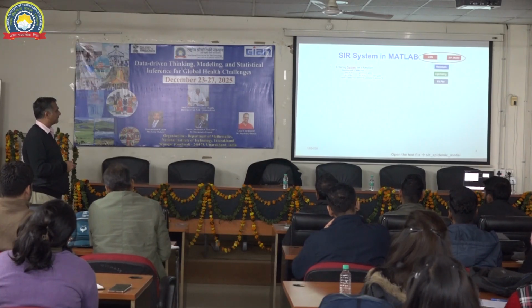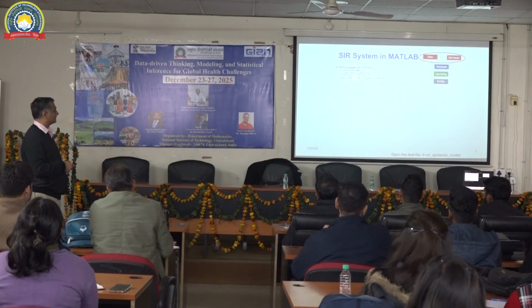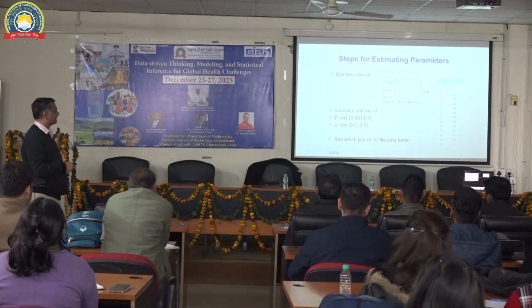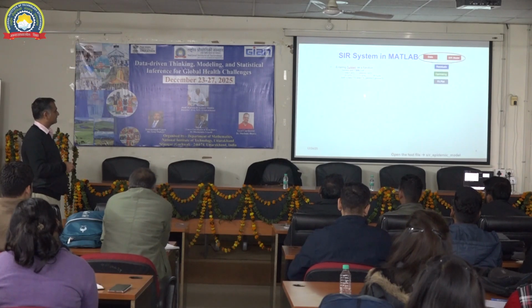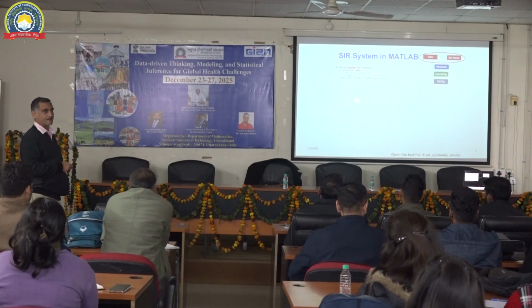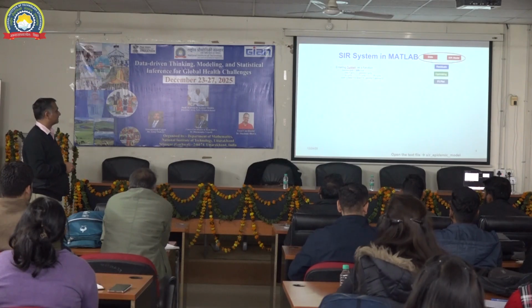Beta and gamma are parameters, and S, I, and R are the compartments. These are the three equations: minus beta S I, plus beta S I minus gamma I, and plus gamma I. Those are defined in this differential equation, and this is a system.